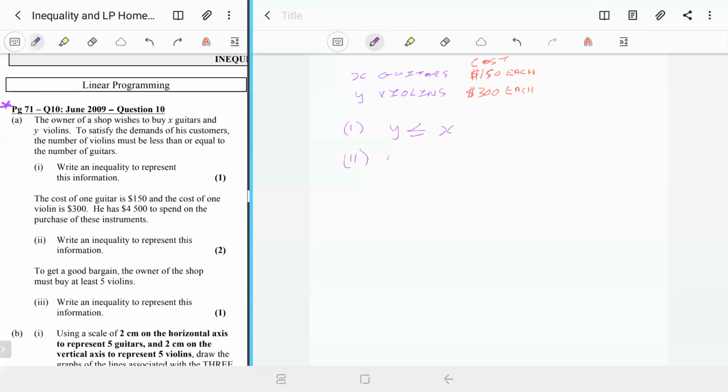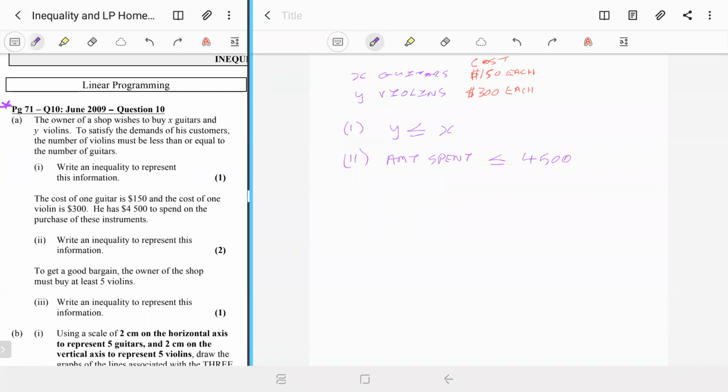So the amount spent has to be less than or equal to the amount that he has, 4,500. We don't need to put the dollar sign. So we need to write an expression for the amount spent and put it less than or equal to 4,500. Remember now, he's spending $150 on each guitar, but he's buying X guitars. So somebody tell me now, what's the total amount of money that he spends on the X guitars?